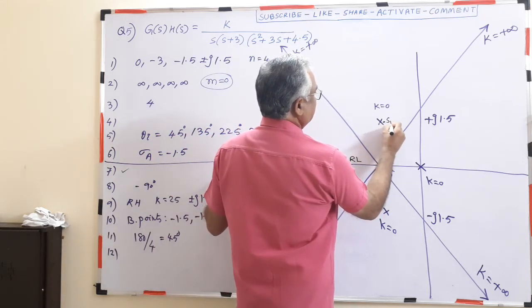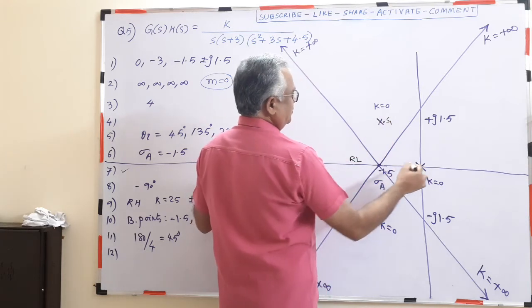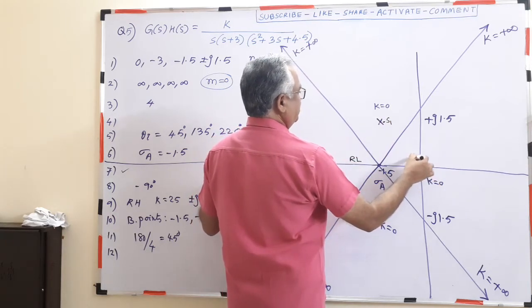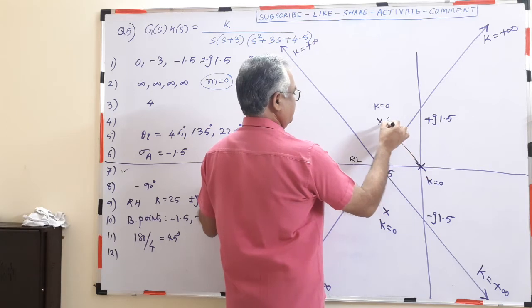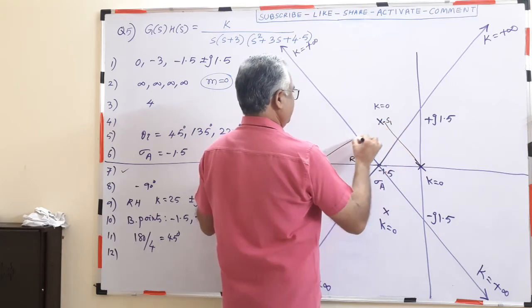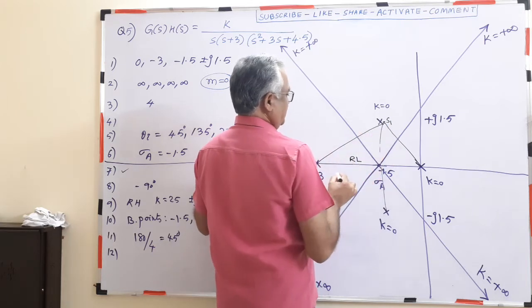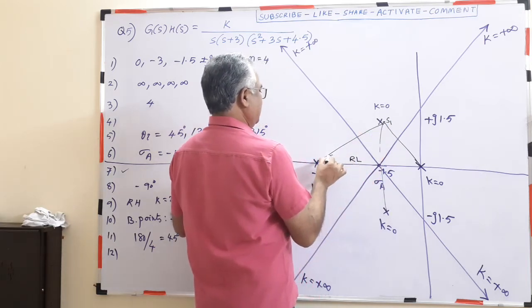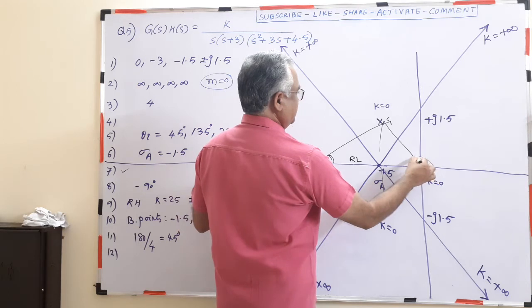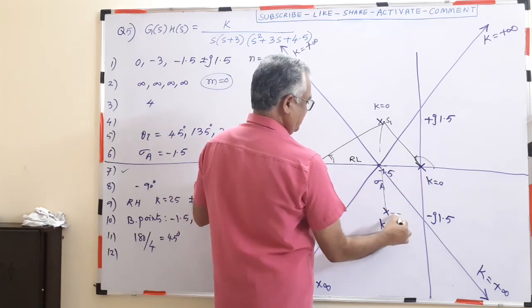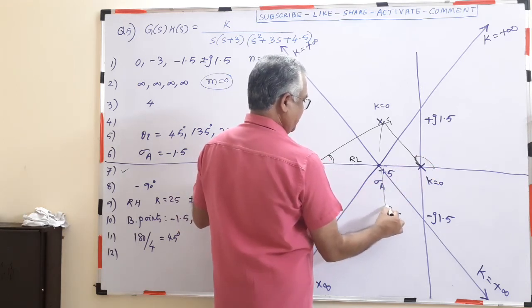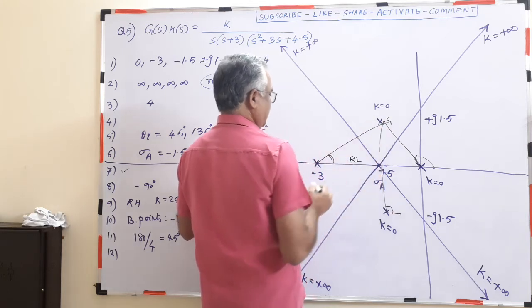Choose a point S1 close to this. Join all poles and zeros to this point, and measure this angle, this angle, and this angle.